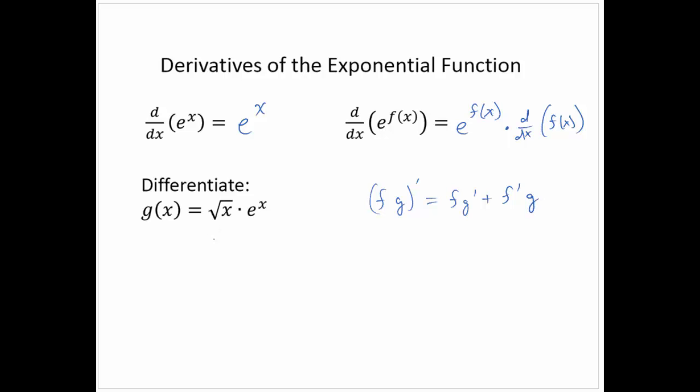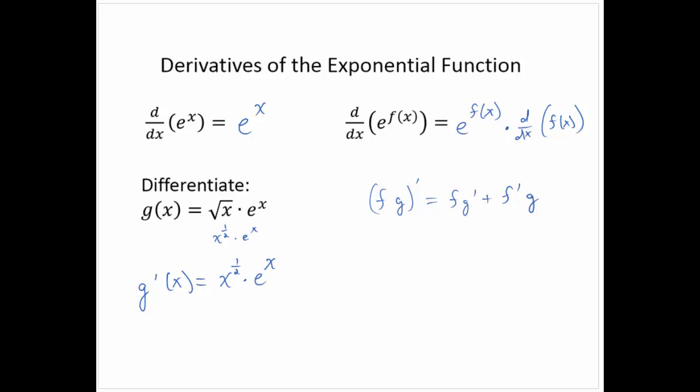I'm going to think of the square root of x as x to the 1/2. So I have x to the 1/2 times e to the x. That's my original function. So then g prime of x would be f g prime, x to the 1/2 times e to the x. The derivative of e to the x is e to the x.